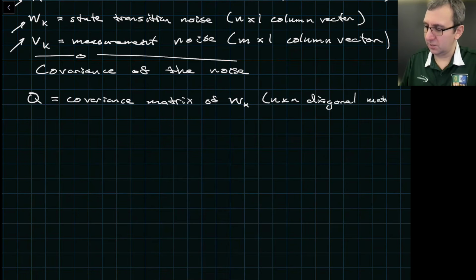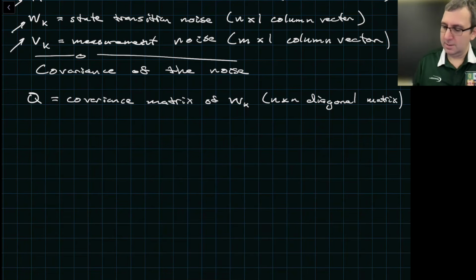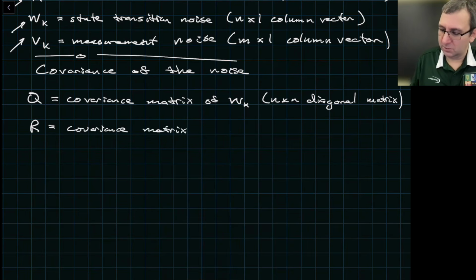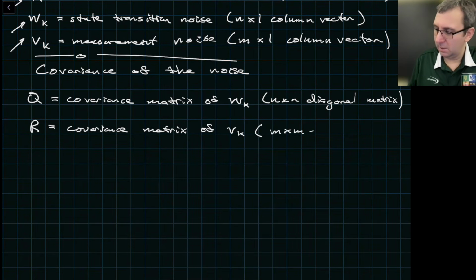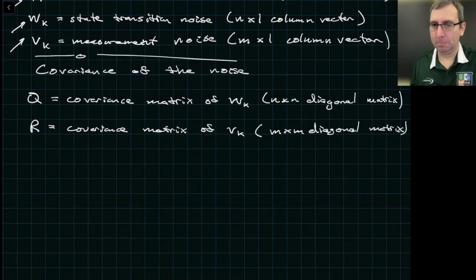So it just has entries along the diagonal and everything else is zeros. So that's the covariance matrix of the process noise. R is the covariance matrix of v_k. So that's m by m, also a diagonal matrix.